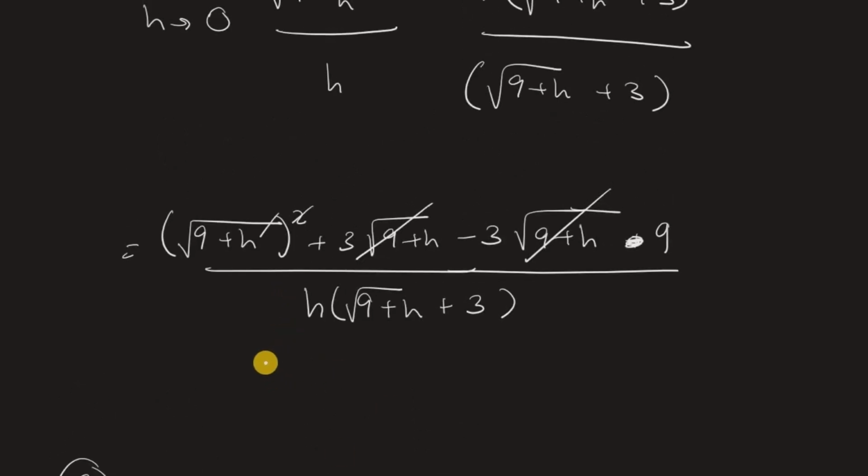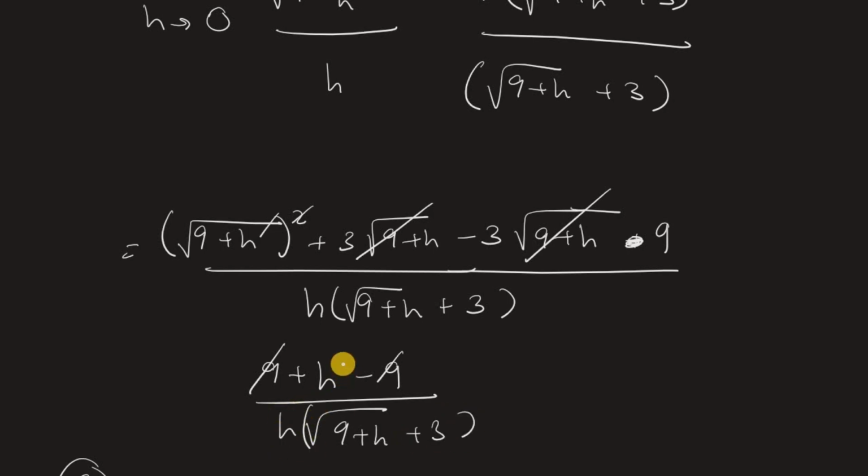So next we can basically write 9 plus h, negative 9, because here the square root and square cancel out each other, so we're only left with 9 plus h, and here we have negative 9, so 9 and 9 are going to cancel out. At the bottom we have the square root of 9 plus h plus 3, and here we have an h as well, so this h and h also cancel out.